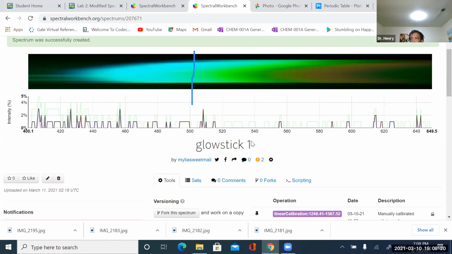Okay. So now, if you want to, you can readjust it, recalibrate. So you can see the little bluish right here in that area.